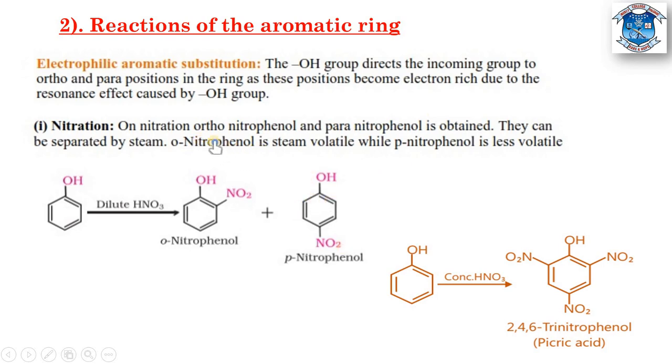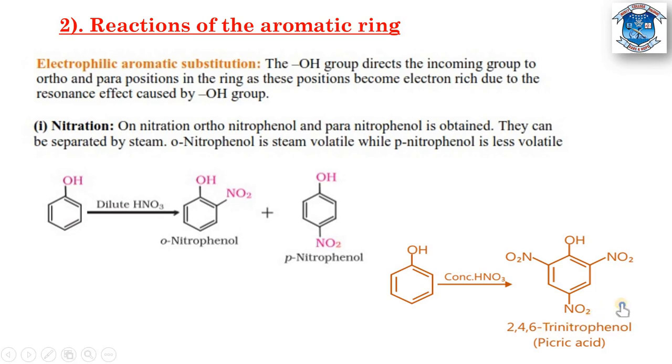For example, during nitration, when phenol is treated with dilute HNO3, we will get a mixture of ortho and para nitrophenol. At the same time, when it is treated with concentrated nitric acid, all the three positions, that is 2 ortho and 1 para position, become filled. So you will get 2,4,6-trinitrophenol.